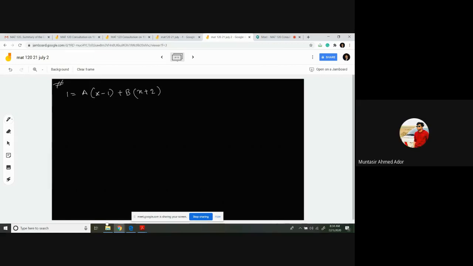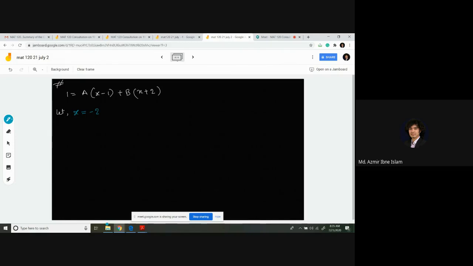So here we can input any value of x. At first we can make an assumption: if we input x equal to negative 2, automatically this part will be cancelled. Is that okay? So we are going to input x equal to negative 2 at first.